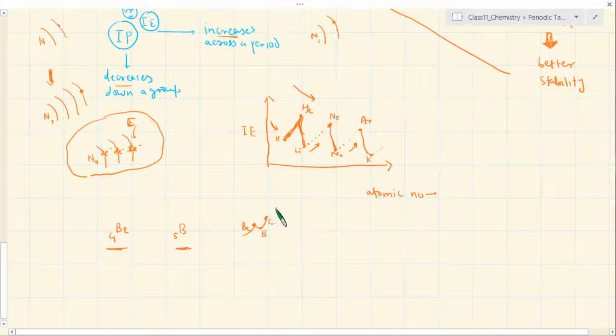So this seems to be an exception, a lower value of ionization potential here. If you plot ionization potential or ionization energy versus atomic number and blow up the structure, you will find a little kink and then it goes up. So we have to explain this one. How do you explain this?